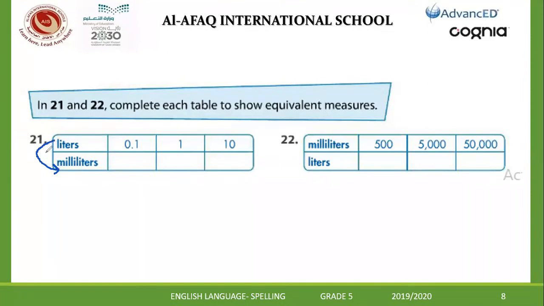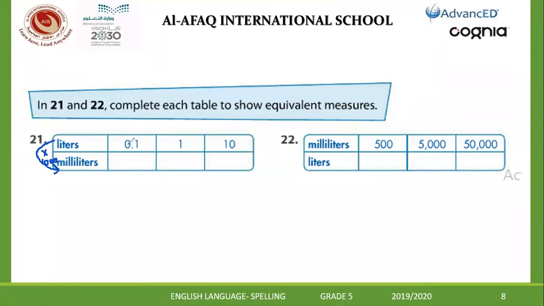So are we going to change from larger to smaller or smaller to larger? Larger to smaller. If we convert the unit from larger to smaller, do I multiply or divide? Multiply. So start multiplying.